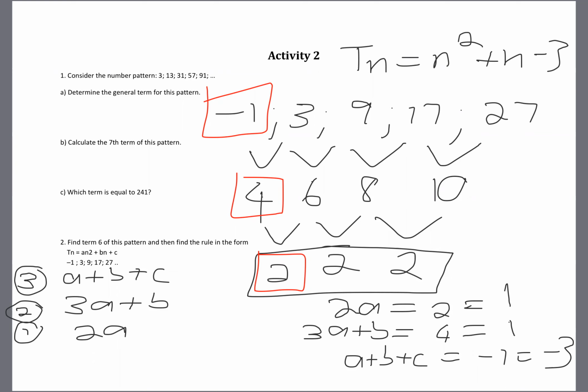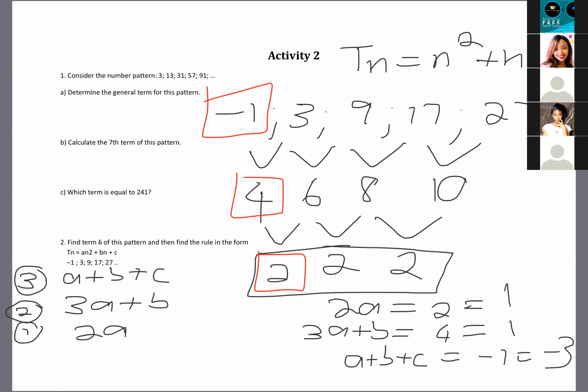Your T6. Because remember, they said find the term 6 of this pattern. Okay, ma'am, let me find it.